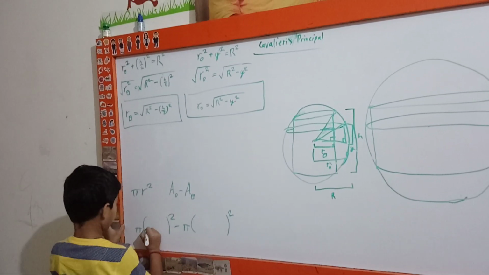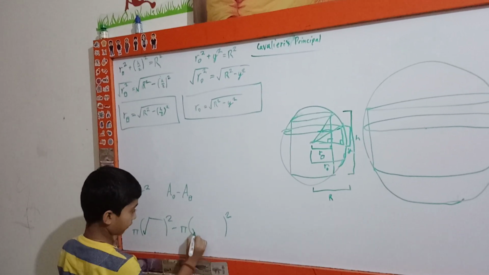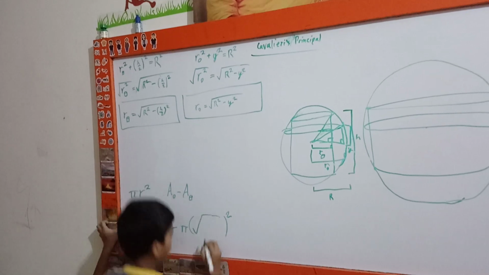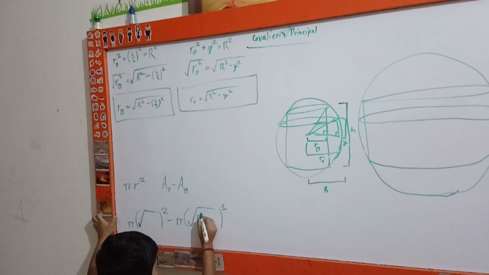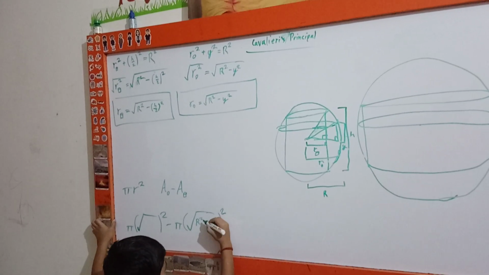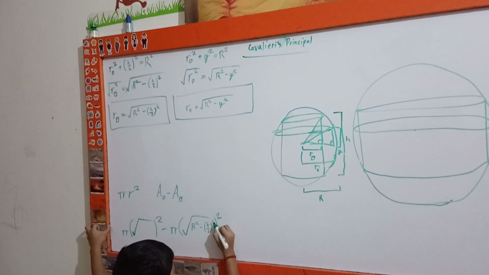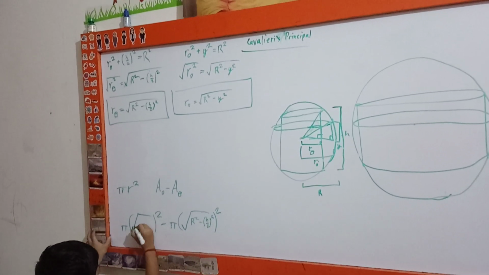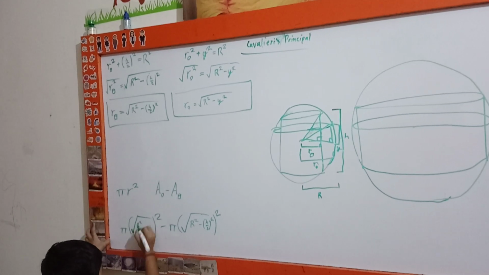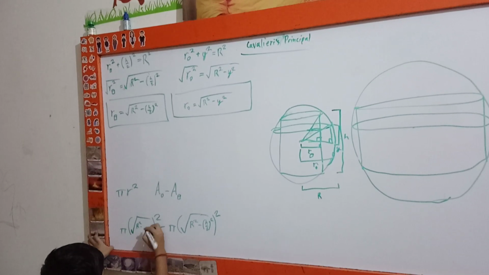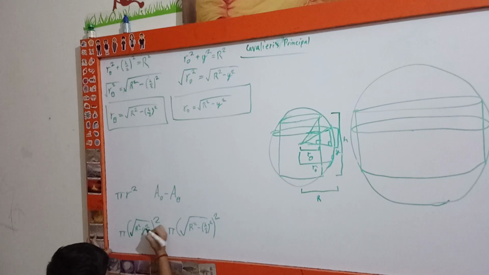So here is the square root of both of them: R squared minus h over 2 squared, and r squared minus y squared.